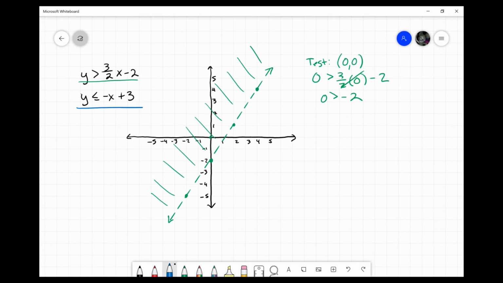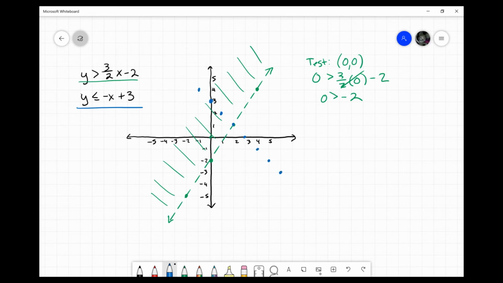For our second inequality, we have y is less than or equal to negative x plus 3. I'm going to start off by plotting the y-intercept of 3, and then we have a negative x, which means we will go down 1 and right 1, and that can be done more than once to get multiple points for a line.